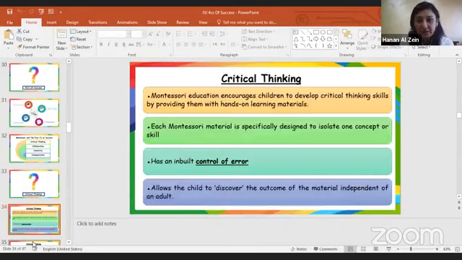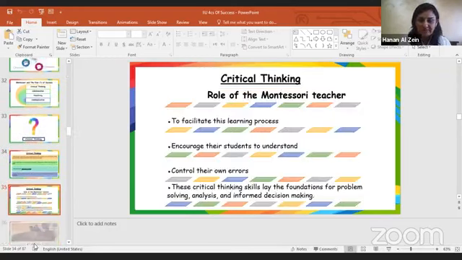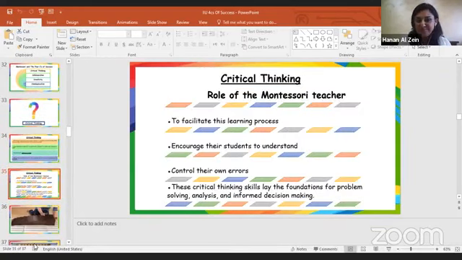Especially in math areas, when we say critical thinking, this means that we are controlling the error. Students correct their mistakes by themselves. In the end, they are not only able to correct mistakes or find solutions to their problems, they are decision makers.